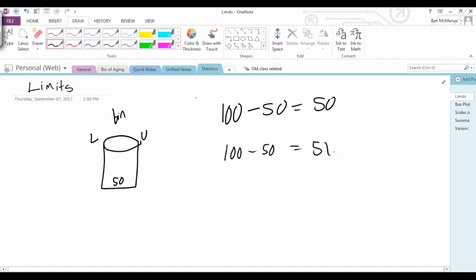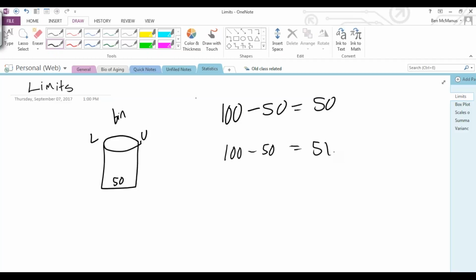Now, why is that? Well, that's because if you grab any calculator and you do 100 minus 50, you're going to get 50 because it doesn't take into account real lower limits of 50. It's actually not including 50 when you do 100 minus 50. It's basically going 51, 52, all the way up until you hit 100.